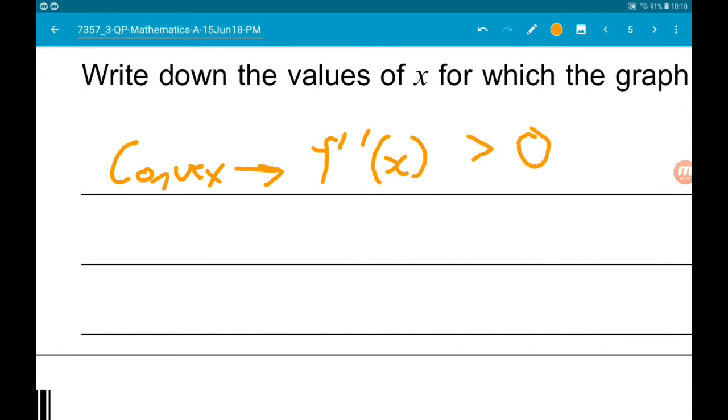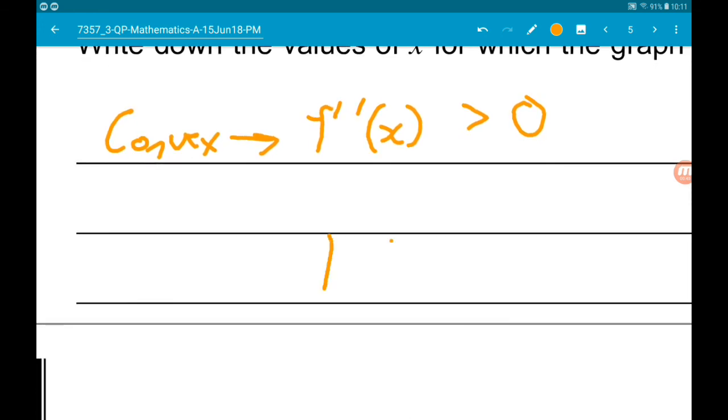Now we know that our domain is such that x has to be greater than 1, and we know our second derivative is greater than 0 everywhere to the left of x equals 4. So it's x is greater than 1 but less than 4. Good times.